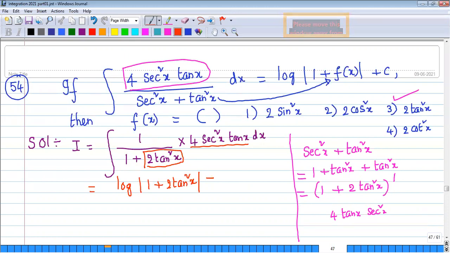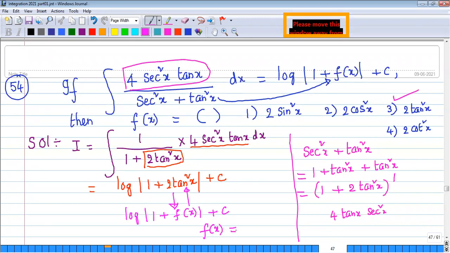Now, if you compare with log of mod 1 plus f of x plus c, this f of x must be equal to 2 tan square x.